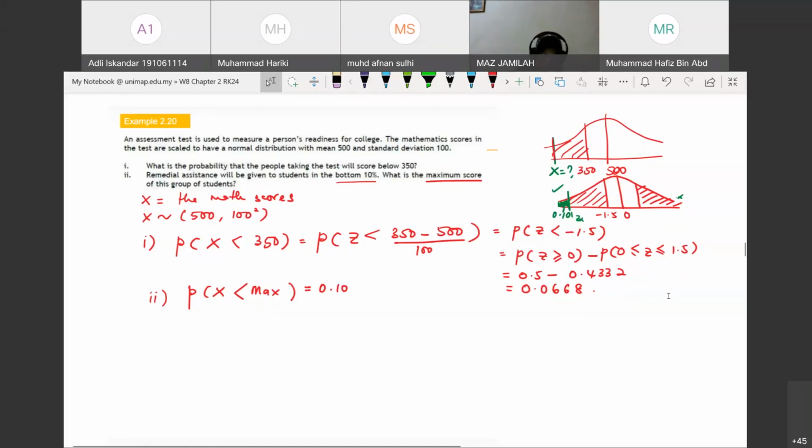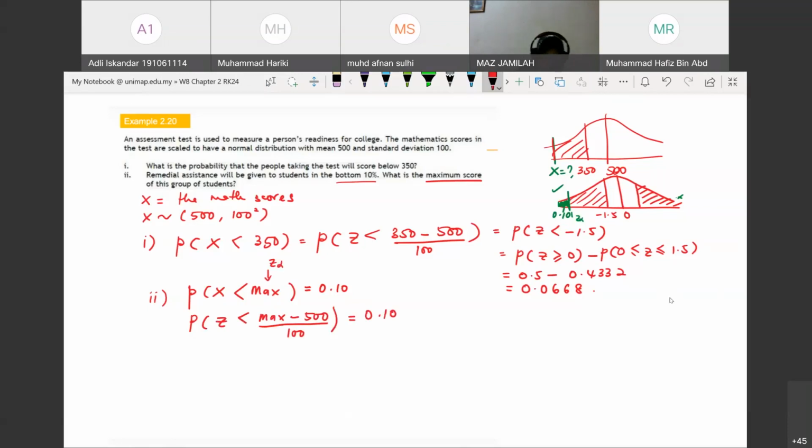Now, of course, when we have this, we need to transform into Z. Once we have applied the Z, it will be maximum minus the mean, that would be 500, divided by the standard deviation, 100, where the probability value is 0.10. Now, this is somewhat like we discussed about Z alpha.